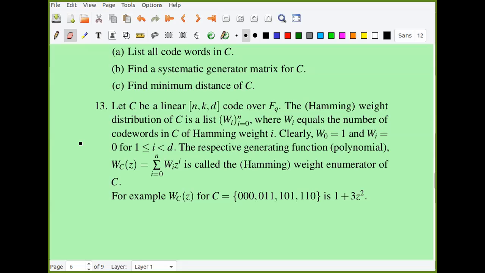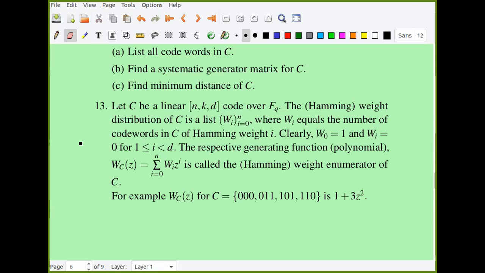Can you tell me why there are no code words of weight 1, weight 2, up to weight d minus 1?